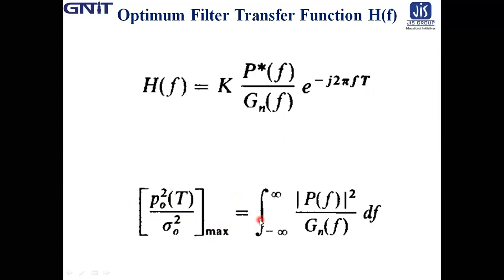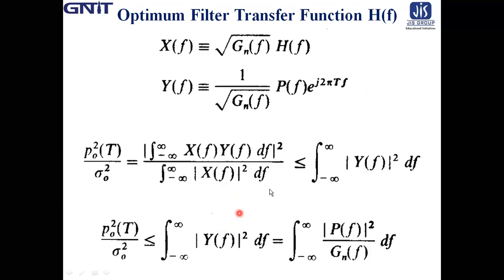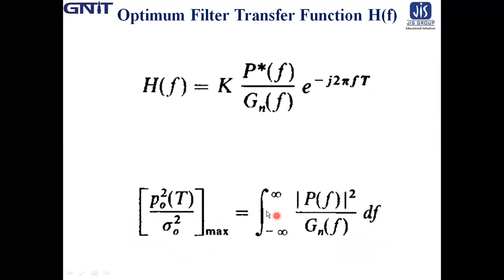Now it was less than or equal to, so the maximum value is equal to the integral from minus infinity to plus infinity of |P(f)| square by Gn(f) df.